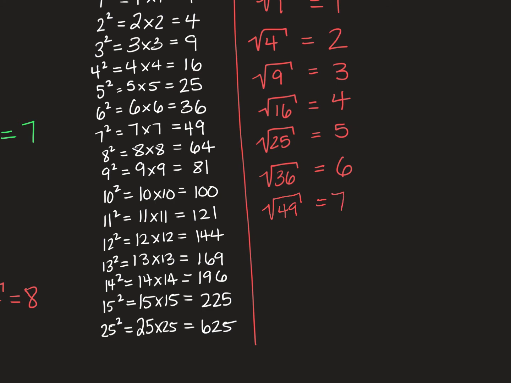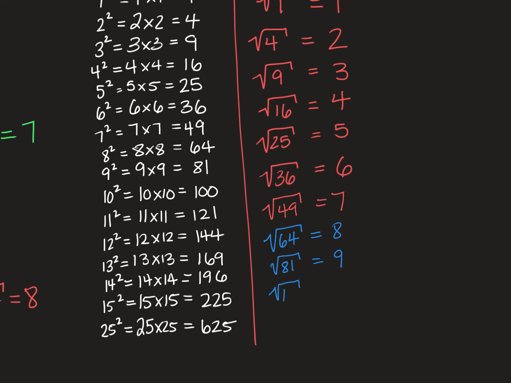Seven. The square root of 64 is what? We already discussed this. 8. The square root of 81 is 9.